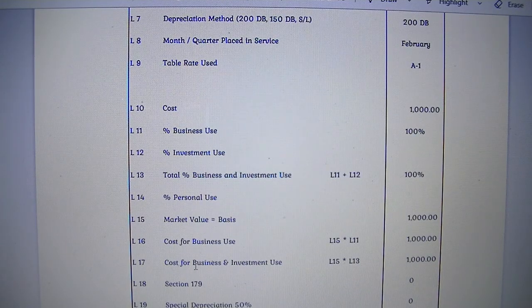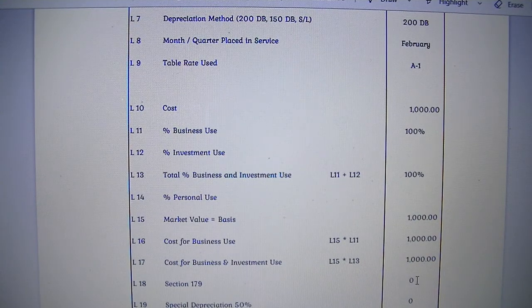The cost for business and investment use is going to be the basis times the percentage of business and investment use, which is 100%. So it's going to be the total cost as well. So that is going to be $1,000.